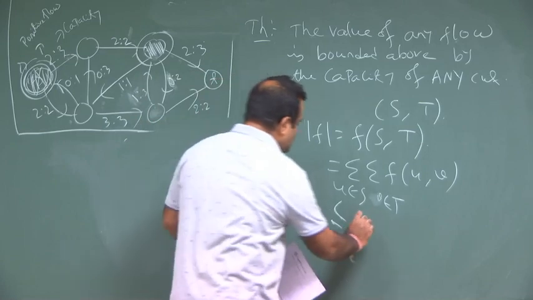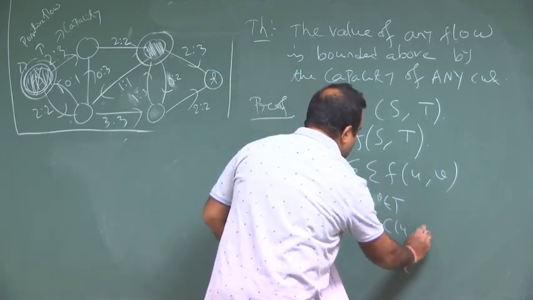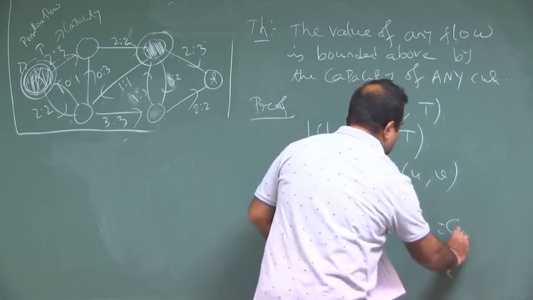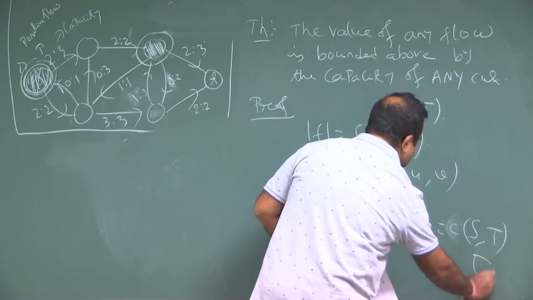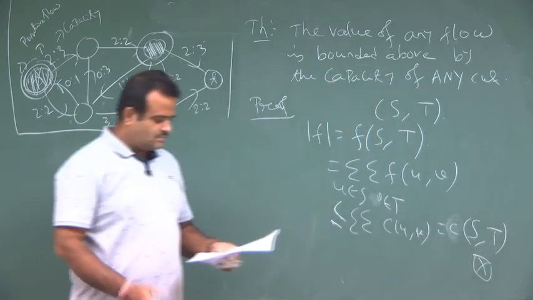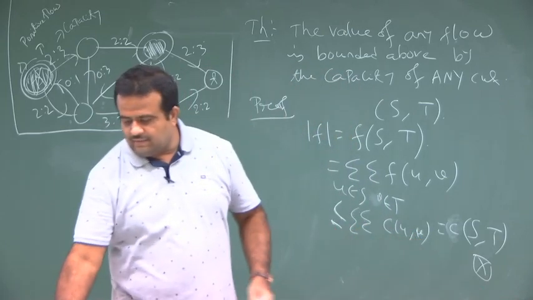So, this is the double summation of C of u comma v, and this is nothing but C of S comma T. So, this is the proof.